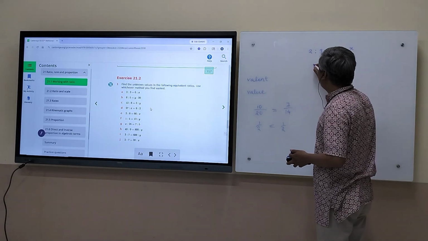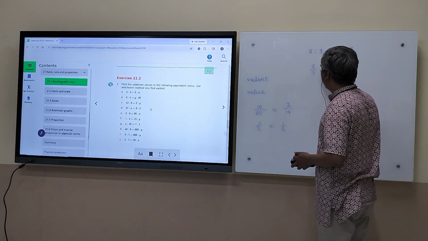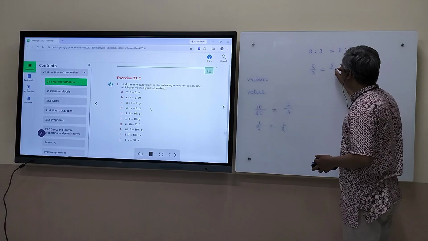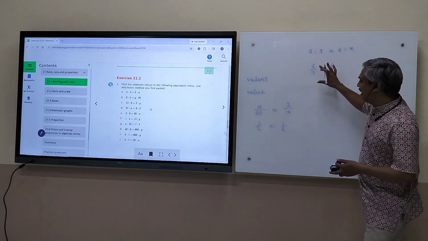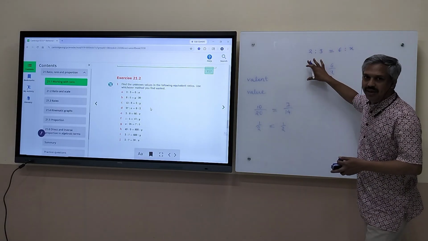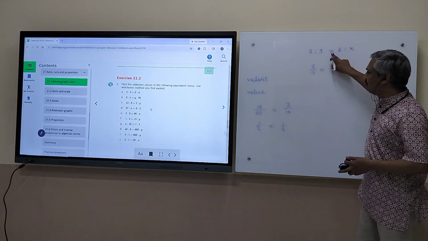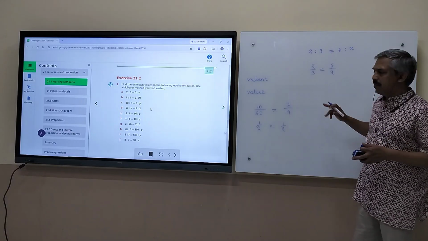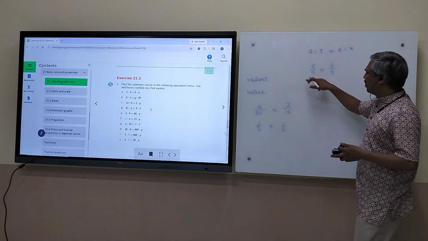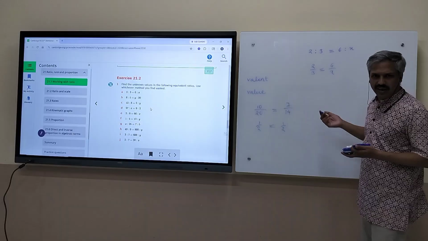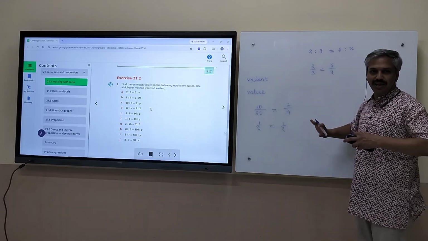This also means 2/3, and this also means 6/x. If these two are equal in value, they are equivalent ratios, so the values are given to be equal. It is already given, so we don't have to worry about it. If the values are equal, just cross multiply. Just do not write anything for the sake of it.